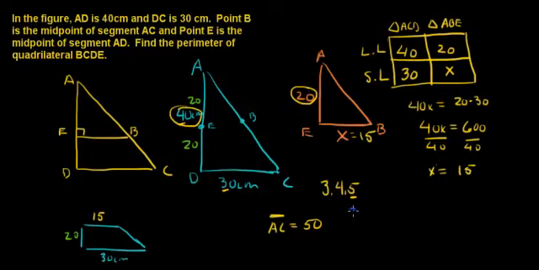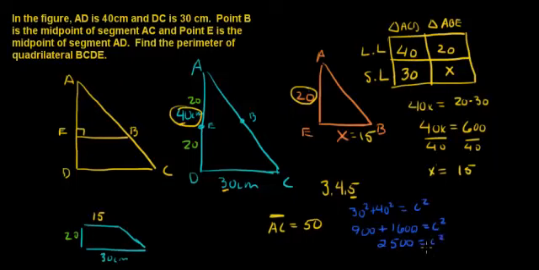I could also apply the Pythagorean theorem and do 30 squared plus 40 squared equals c squared. Well, 30 squared is going to be 900. 40 squared, we're looking at 1600, and that equals c squared. Add them together, we get 2500 equals c squared.